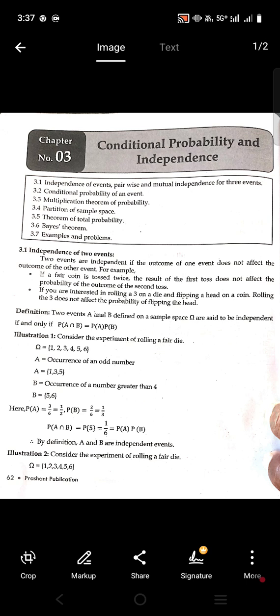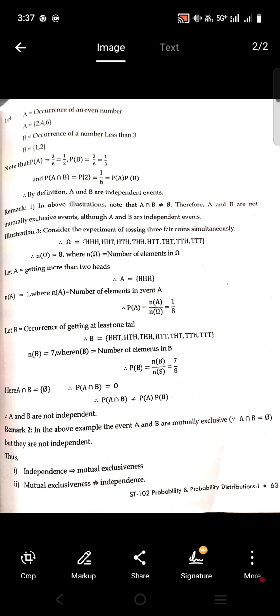First, the probability of event A is m by n, where m is the number of favorable outcomes, which is 3, and n is the total sample space, 6. So that is 3 by 6, equal to 1 by 2.